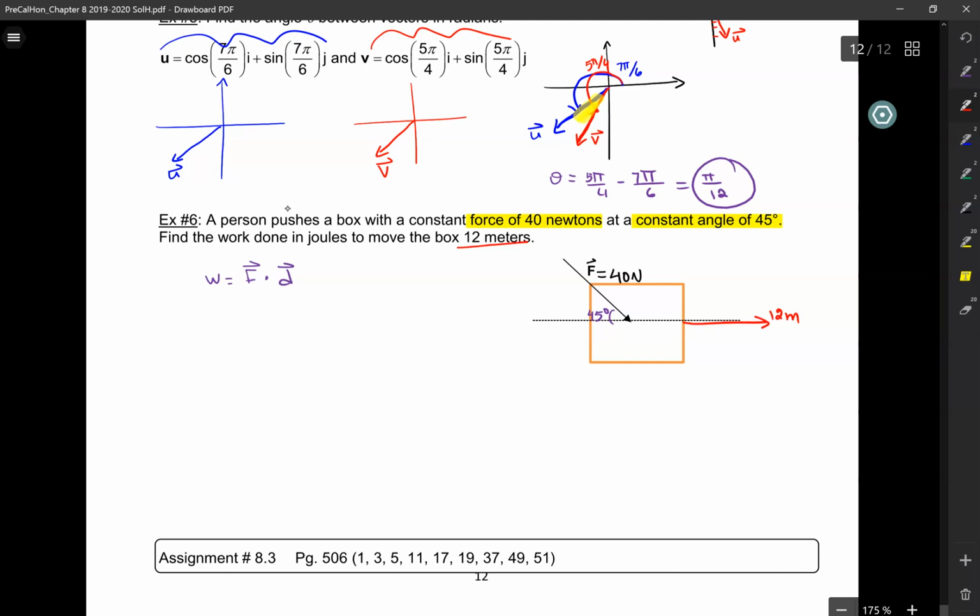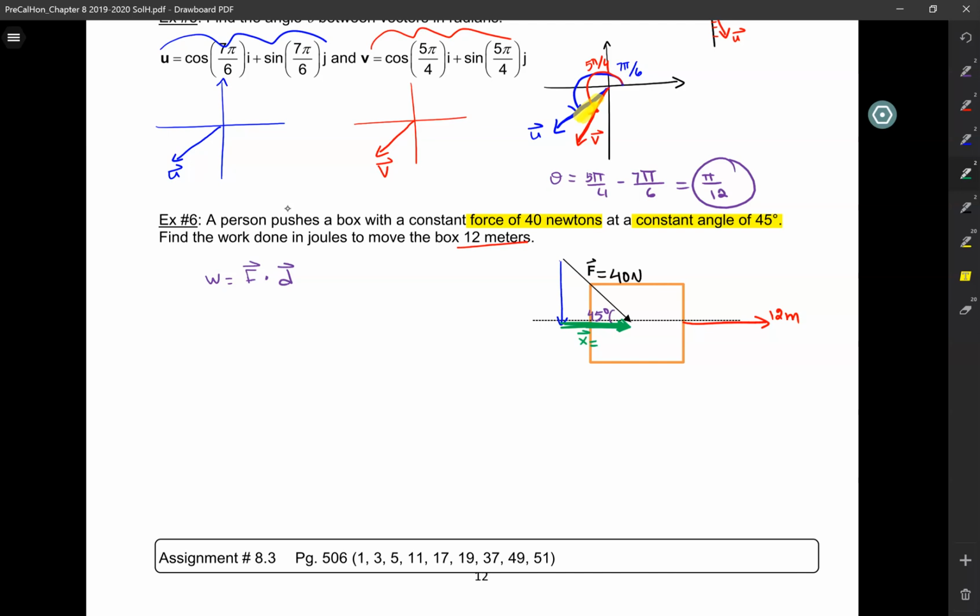What I need here is to first note the vertical and the horizontal components of the force. So this green is the horizontal component of the force. How much is that horizontal component? How did we find the horizontal component for the quiz?